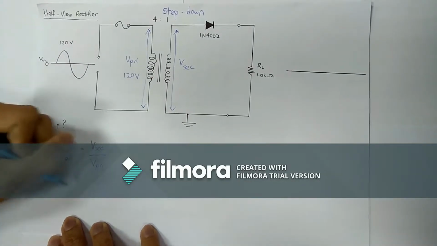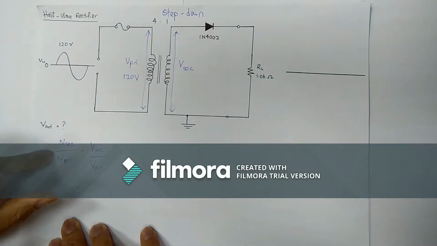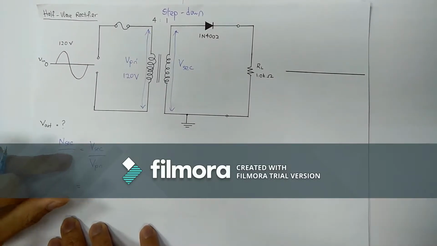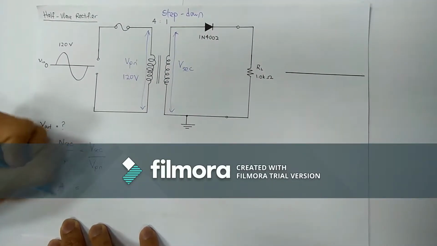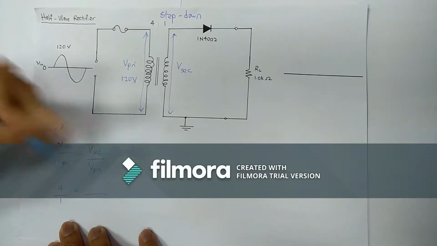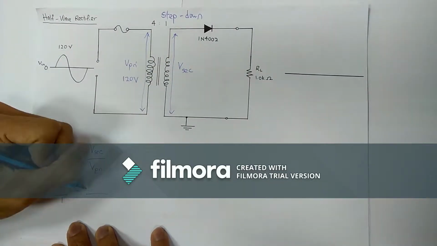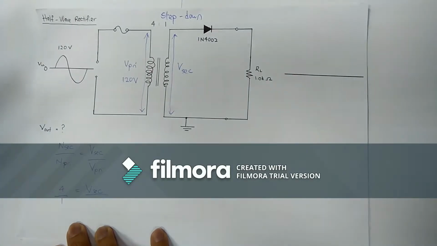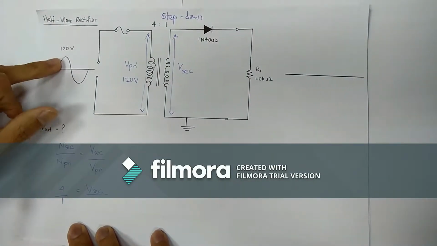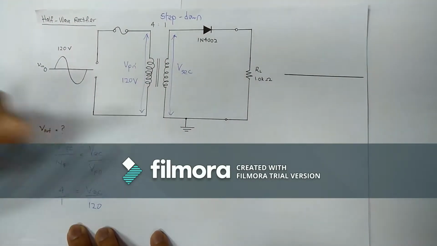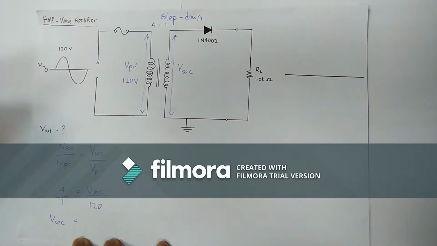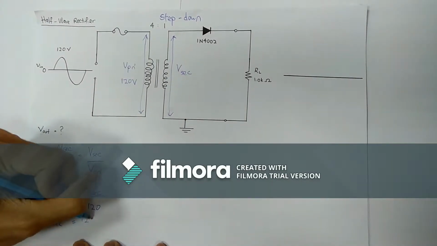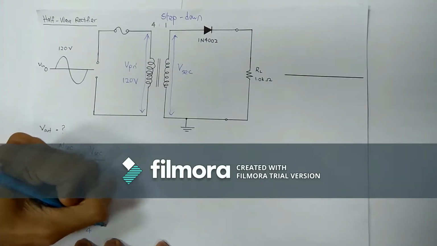Since the number of turns in the secondary is 4, and the primary voltage is 120, so the secondary voltage is equal to 30 volts.